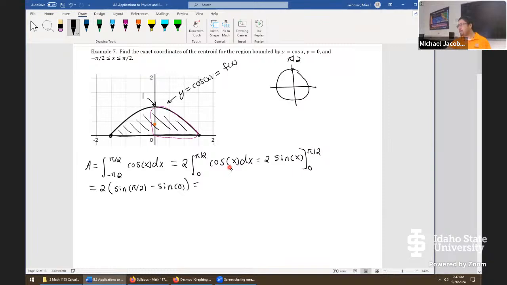We have pi over 2 here. We have 0 here. Coordinates on this one are 0, 1. Coordinates on that point are 1, 0. And sine is always the second coordinate. So that tells us sine pi over 2 is exactly 1. Minus sine at 0 is 0. Finally, that tells us the total area under this really, really complicated curve is an integer, 2.